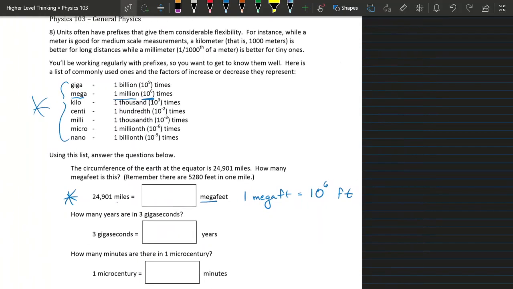So let's take that into account when we do our dimensional analysis parentheses. Just like the other ones, we're going to start with our unit of miles, our first unit, and let's convert from miles to feet, and then from feet to megafeet. So miles to feet, let's do that. Well, miles is up top here in our ratio parentheses. We want miles to be on the bottom to cancel out, and we have feet up top. And again, we'll use the 5,280 feet to 1 mile conversion.